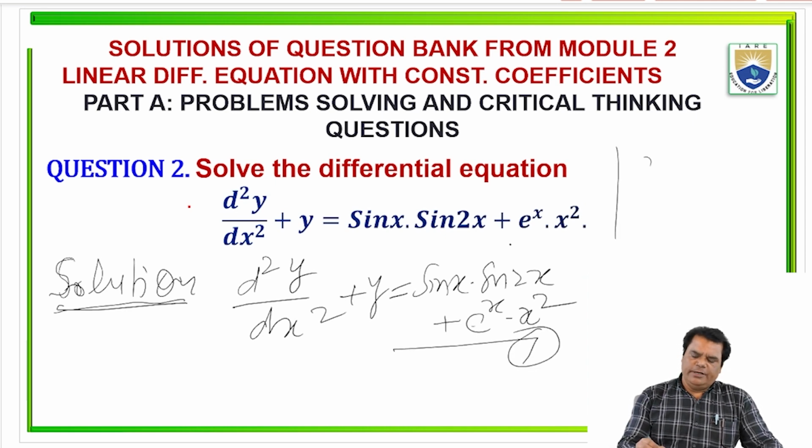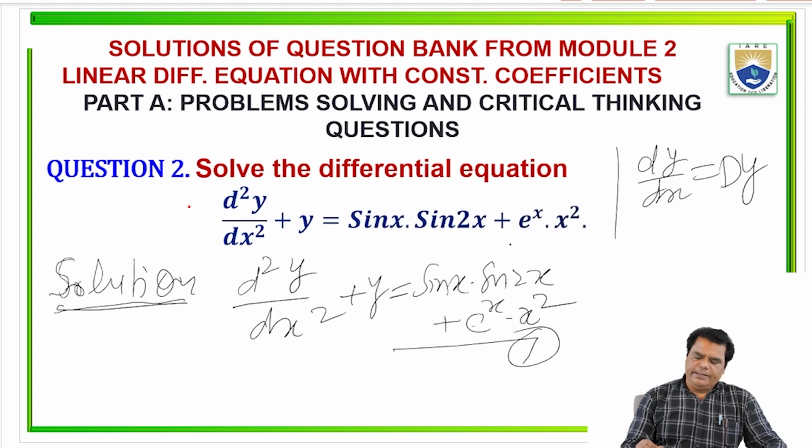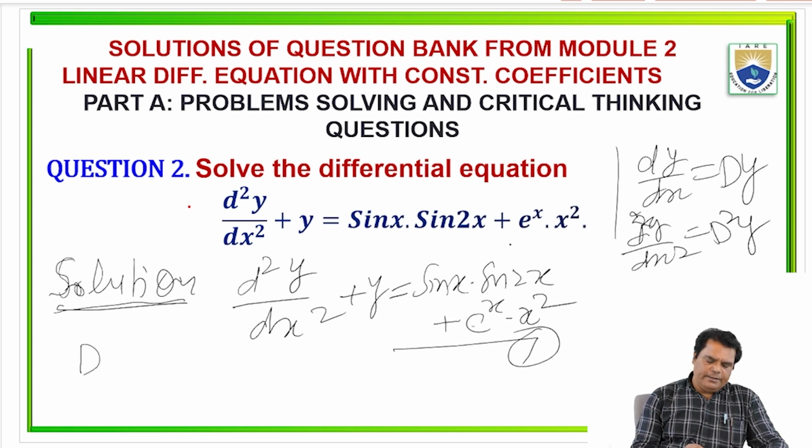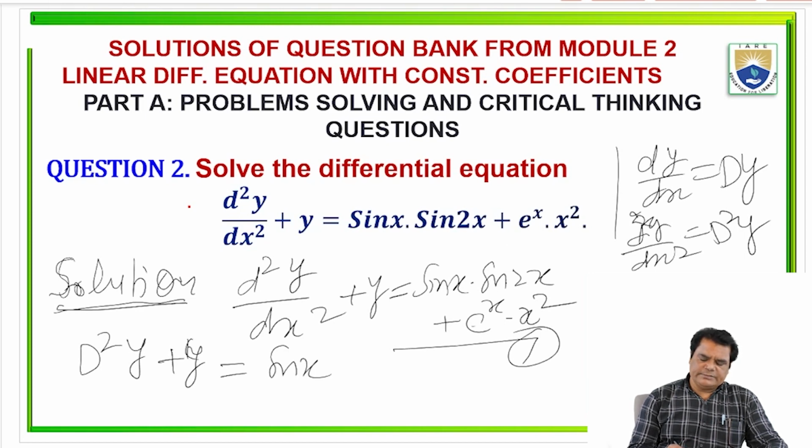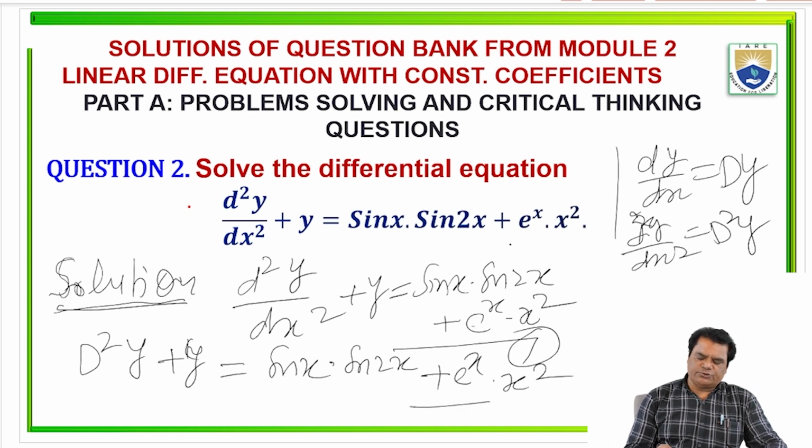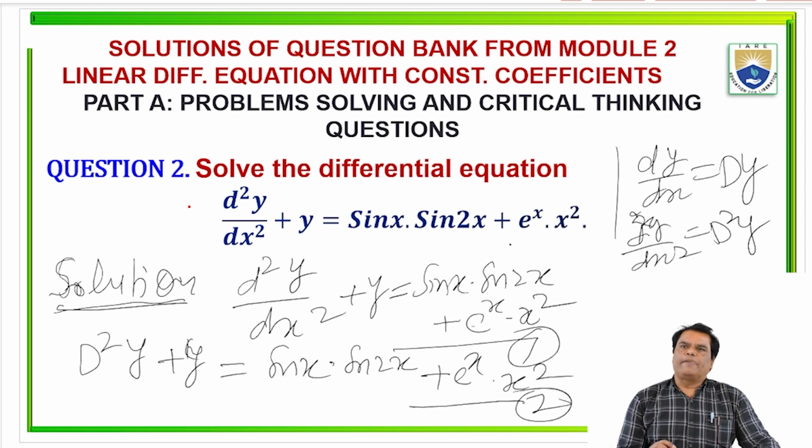Here dy over dx is Dy, so I am writing here, and d2y over dx2 is D square y. So we write here D square y plus y equal to sin x into sin 2x plus e to the power x into x square. This is equation 2.